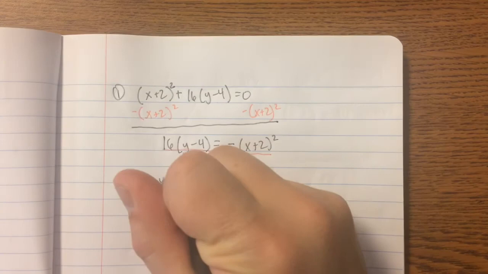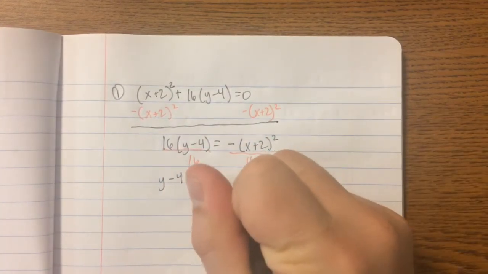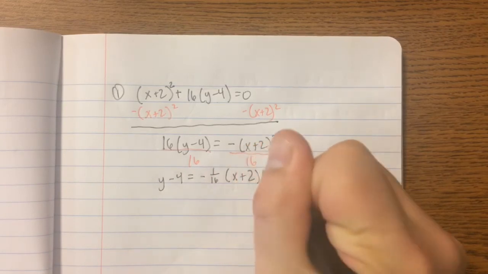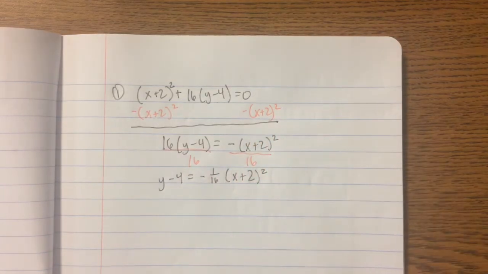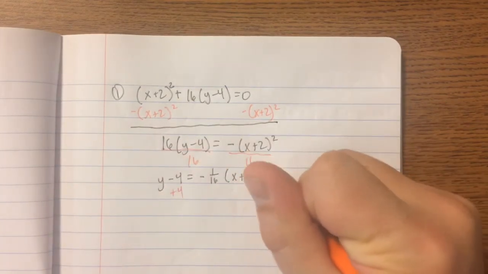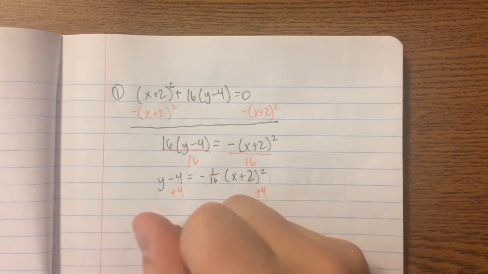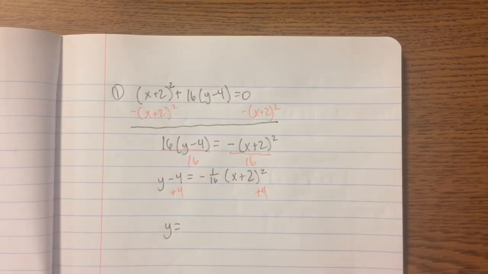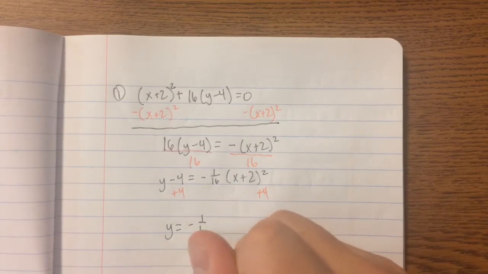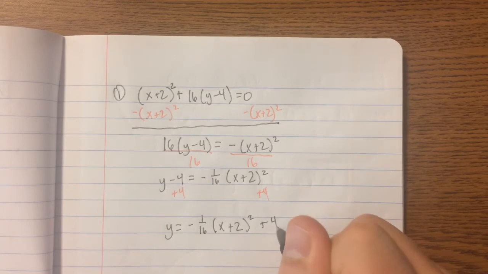And so now I've got y - 4 = -1/16 (x + 2)^2. So I'm getting a little closer here. The last thing to do is to add this 4 to the other side as well. So my equation, now that I've got it in the right form, is y = -1/16 (x + 2)^2 + 4.